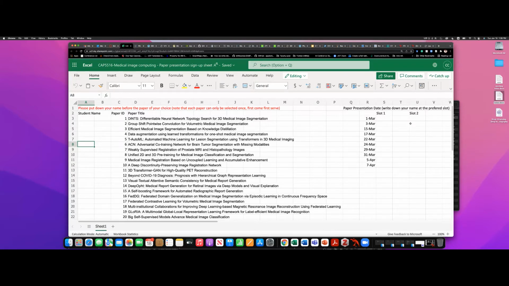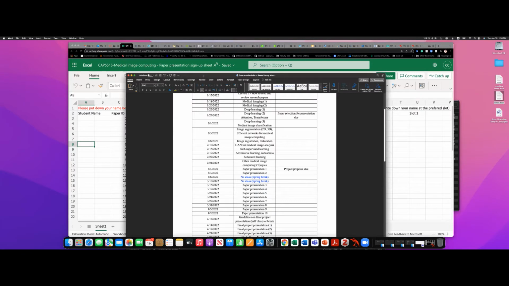Then we go to the next presentation and do the Q&A as well. So each class will have 2 slots. Based on your schedule, how comfortable you are, or how familiar you are with the paper, you can select which date you want to present.